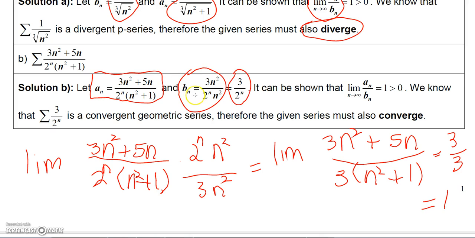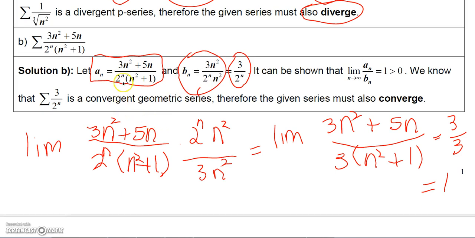Now, if I do the comparison here, I would be taking this term, 3n squared plus 5n over 2 to the n times n squared plus 1, and I'd be dividing it by this term. Well, since I'm dividing by a fraction, I would end up inverting and multiplying.